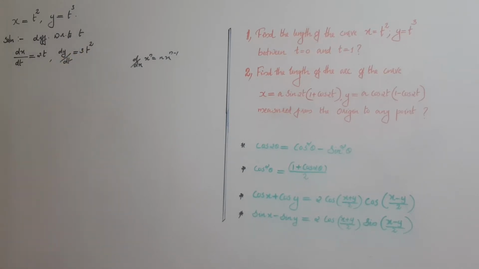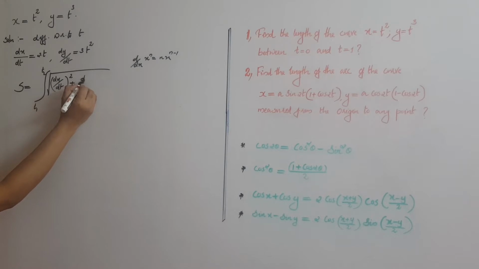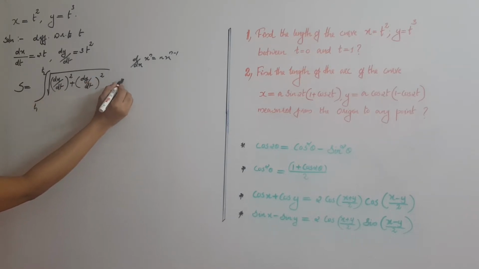Now the equation of length of the curve S is equal to integral t1 to t2 square root of (dx by dt) square plus (dy by dt) square into dt. In this question, the limits are given as t is equal to 0 and t is equal to 1.